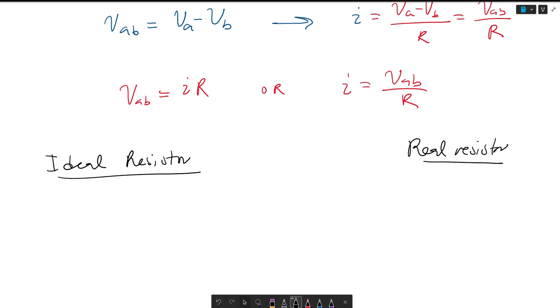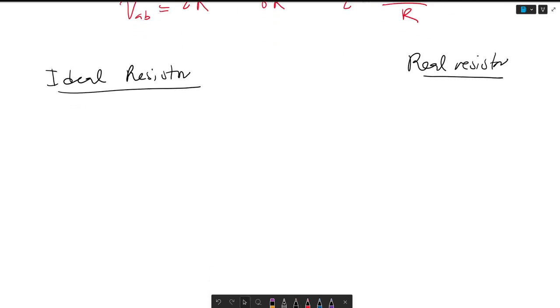Remember, sometimes in an analysis, the ideal resistor comes into play because the difference in our values, if we consider ideal versus real, is insignificant, and the ideal situation leads to an easier analysis method. If we don't lose too much value when using the ideal situation versus the real situation, we might as well use that for analysis because it's easier to do.